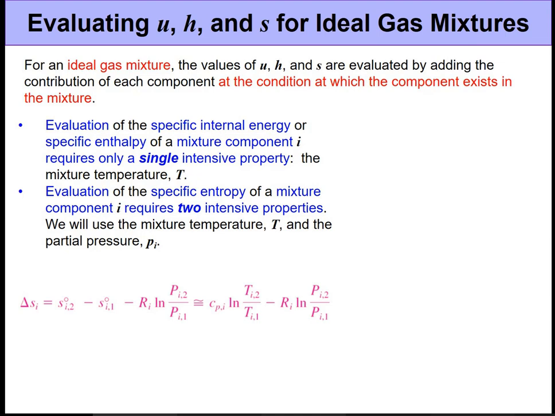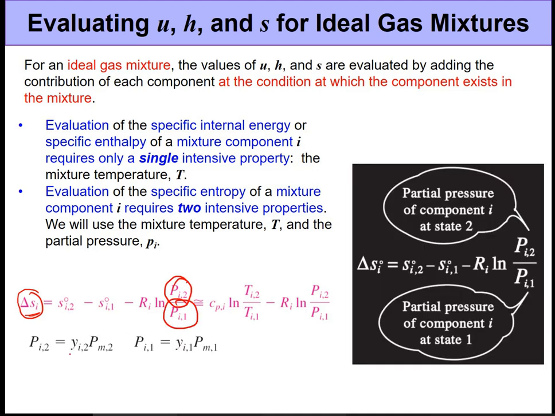So again, if you want to find out the change in entropy for a given component, right? We know from the formula for an ideal gas, it's going to be s2 minus s1 equals s°2 minus s°1 minus R ln(P2/P1). But the pressures that we are dealing with here are the partial pressures, right? So these are yi times Pm. Okay, so state 2 and state 1, that's why these are given differently.